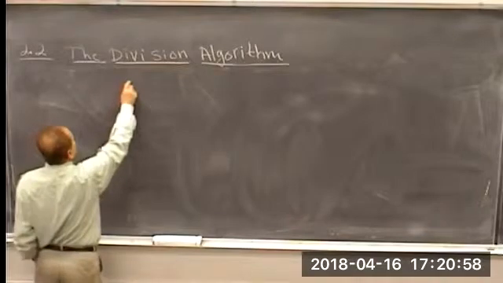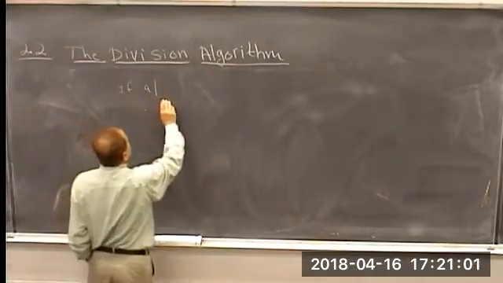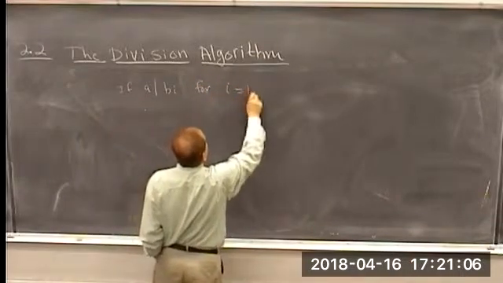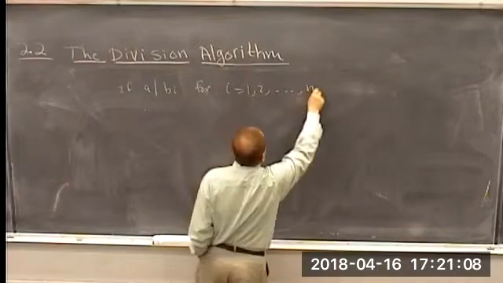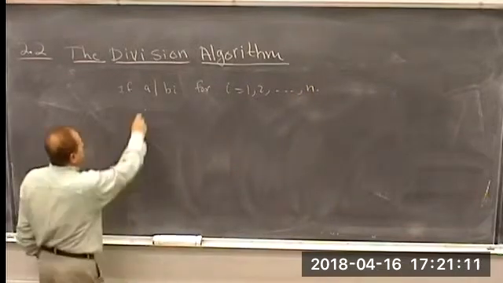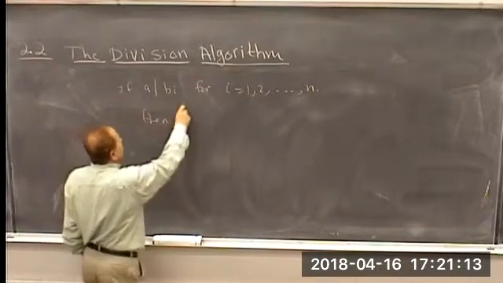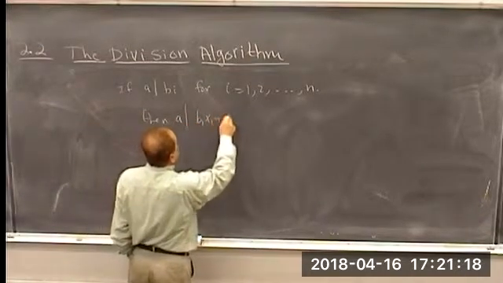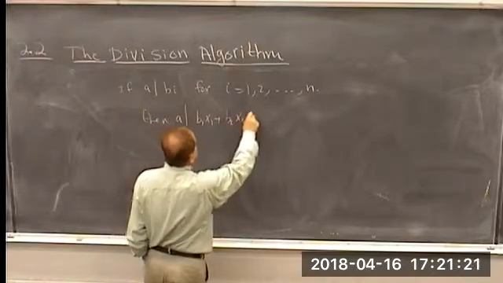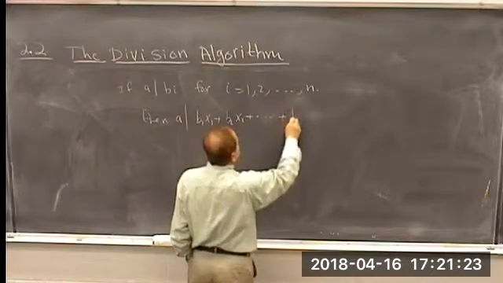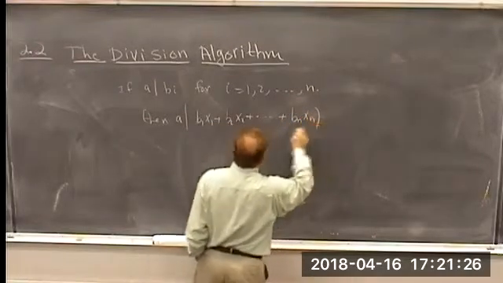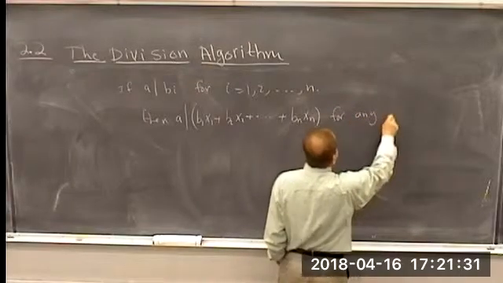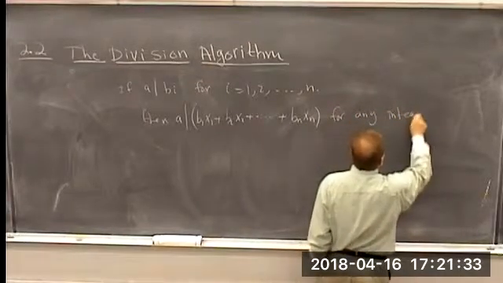So if A divides Bi for i equal 1 up to n, then A divides any combination B1x1 plus up to Bnxn for any integers x1 through xn.